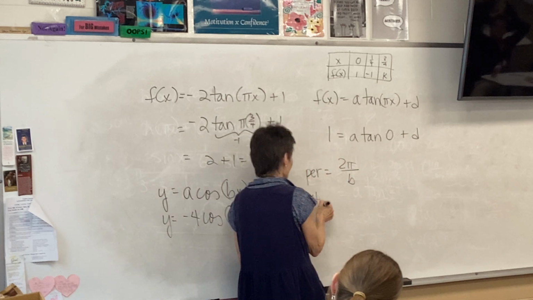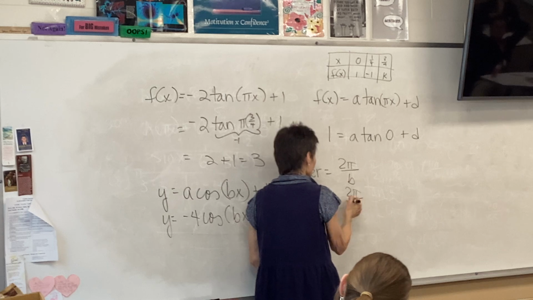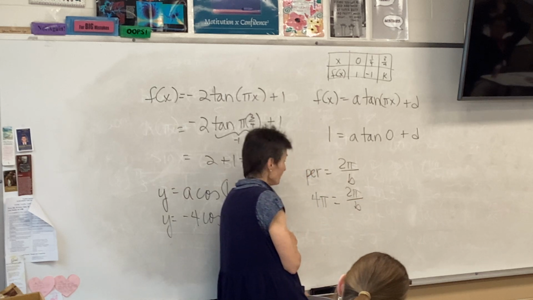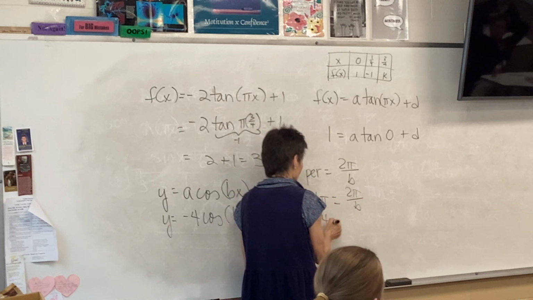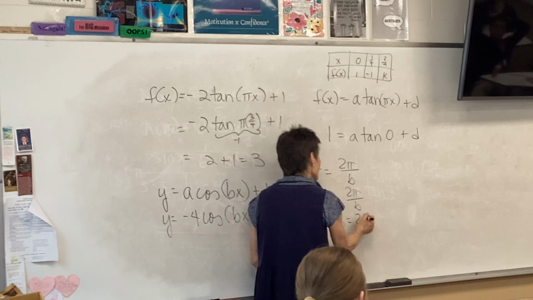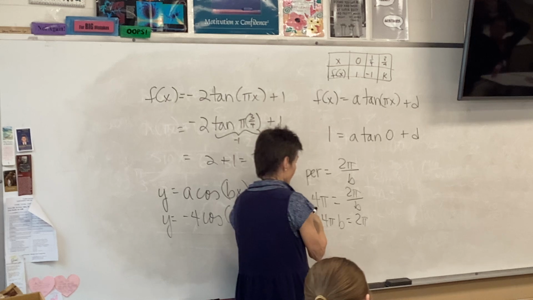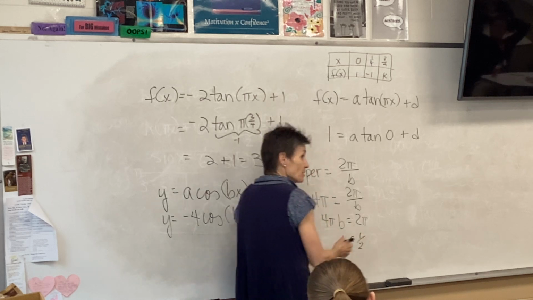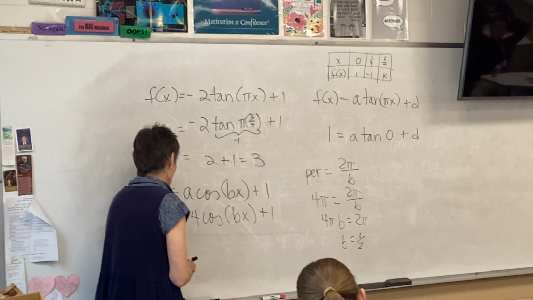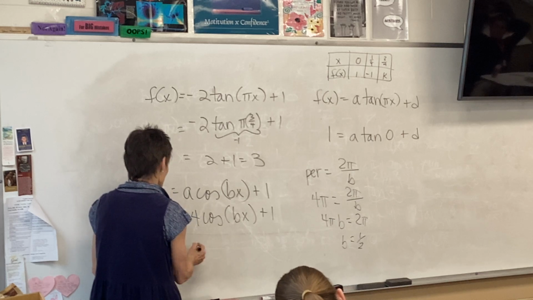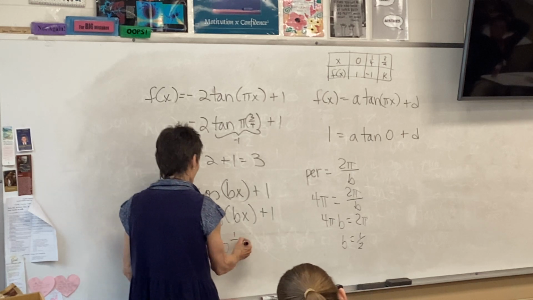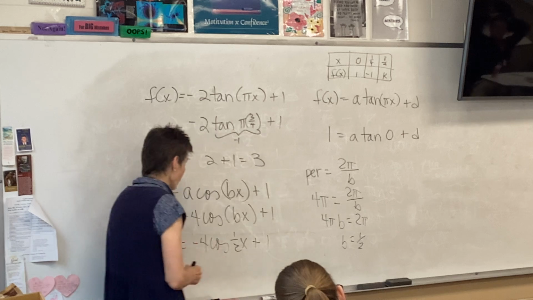So if 4 pi is the period, then b is 1/2, just like you said. So negative 4 cosine 1/2 x plus 1.